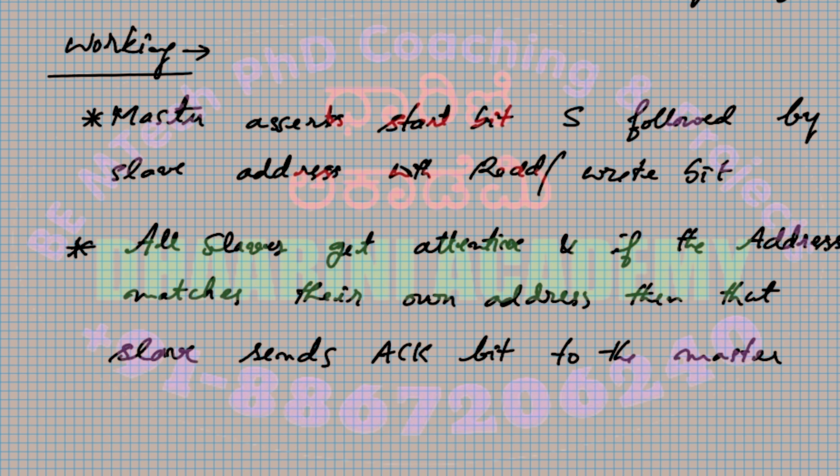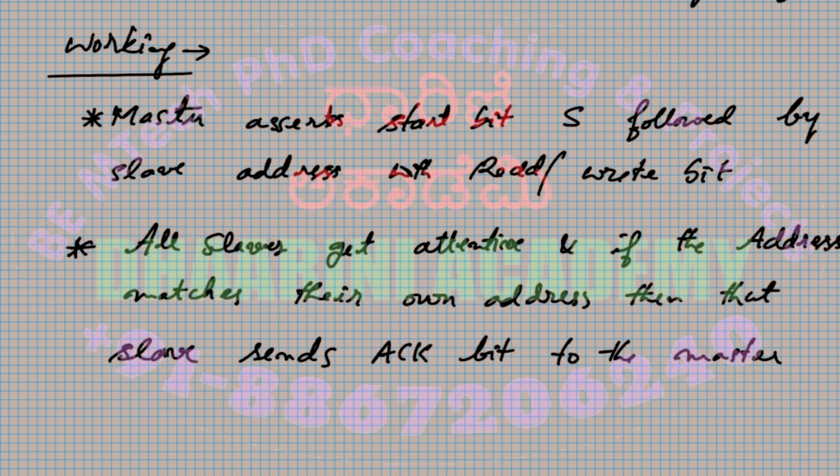So step number one. Now, once the acknowledgement bit is received, the master will start the communication. Let us assume there are two possibilities. One, an acknowledgement is received. The other case is that there is no slave whose address matches the transmitted address, then it is considered as a NACK, no acknowledgement.